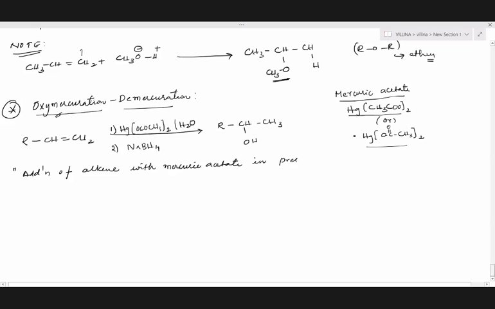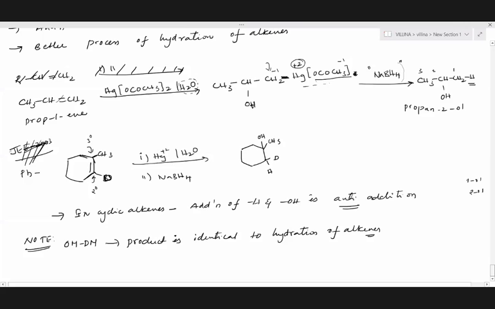So addition of alkene with mercuric acetate in presence of water, because we are performing a hydration reaction only, right, which means H and OH groups will be added. So in presence of water, it is called the oxymercuration reaction.